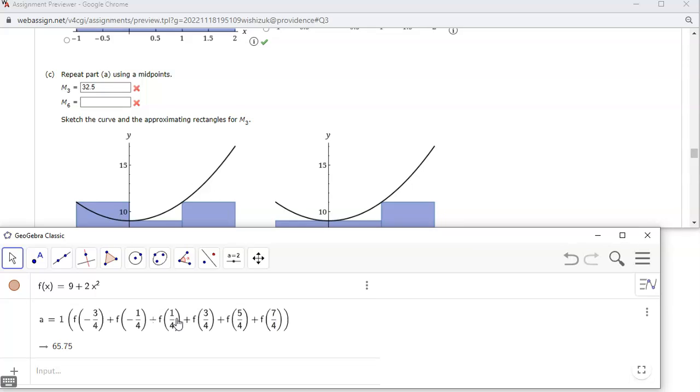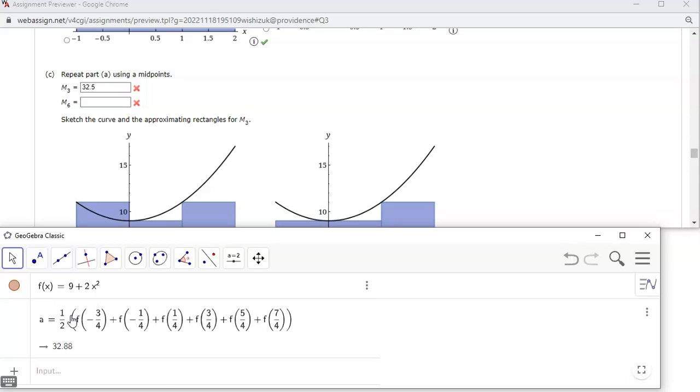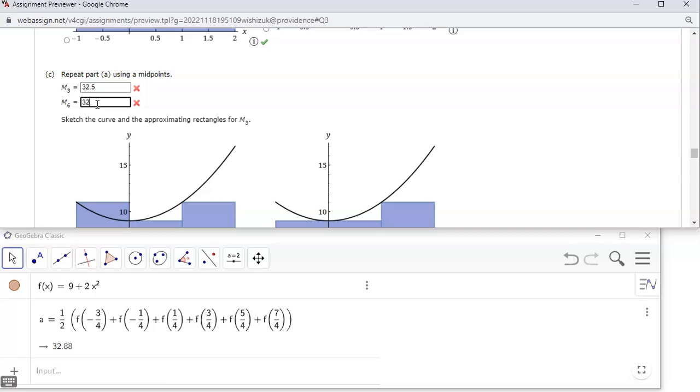Then hit enter. Actually, the width is going to be 1/2. So we have 32.88.